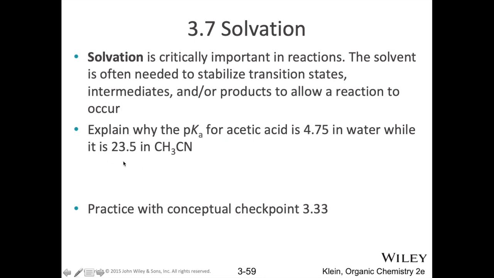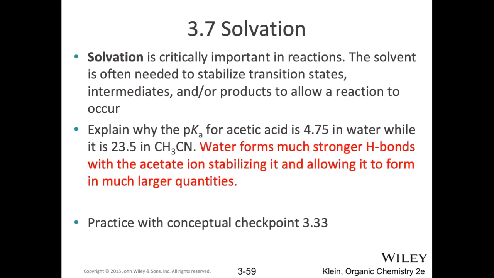All right, so what's the reason for this? Well, water is capable of hydrogen bonding, right? And therefore is able to stabilize that acetate ion way better than a polar but non-hydrogen bonding acetonitrile can.